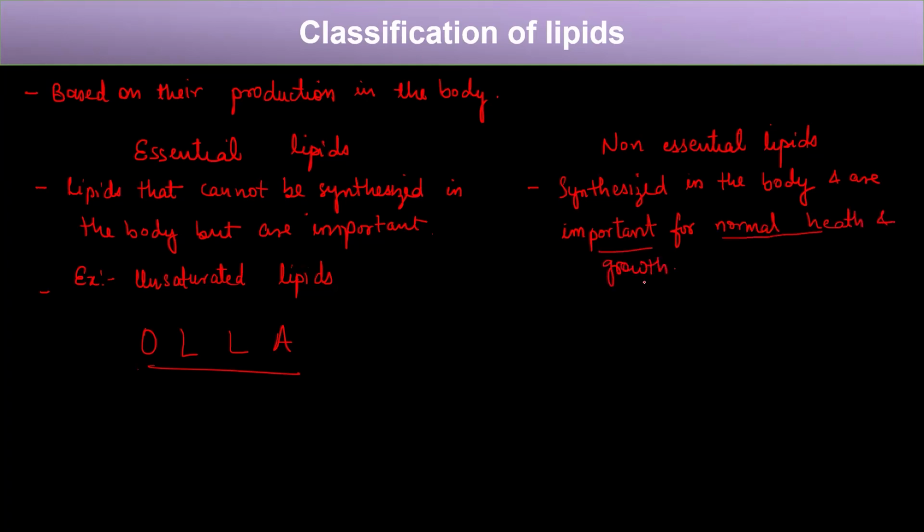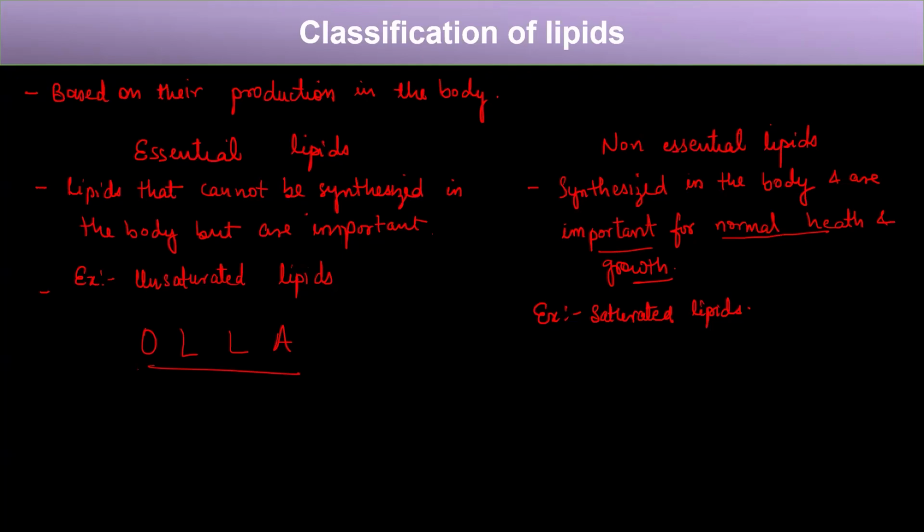This line is important because there are many lipids that are not healthy, so it does not mean they will fall under the essential or non-essential category. It should be healthy. If it is synthesized in the body, then it is non-essential, and if it is not synthesized, then it is essential, right? The examples are saturated fatty acids. Okay. So this is about the classification of lipids.